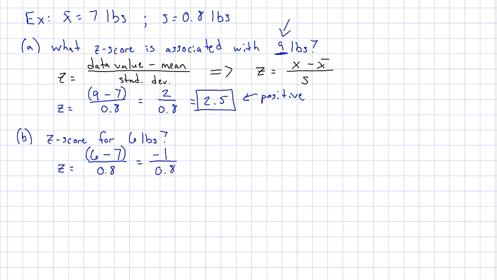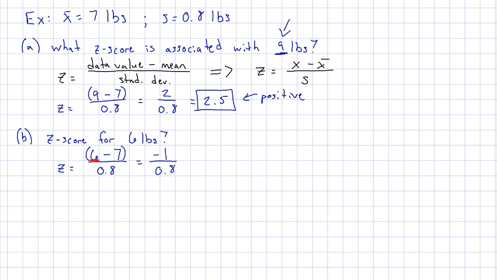It is important the order that you do the values in the numerator. The data value of interest has to be first, and the mean has to be second. If you do not put the data value of interest first, you won't get the proper positive or negative z-score that you need. So be very careful. It matters what order you subtract them in because your numerator needs to be negative if the data value of interest is smaller than the mean.